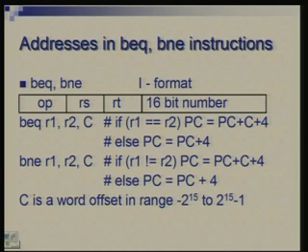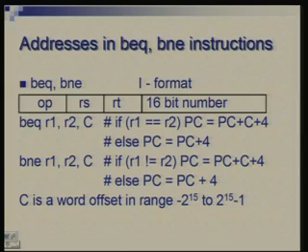So, when you are using assembly language, you simply write a label, and the label of destination could be after the current instruction, it could be before the current instruction. Assembler will automatically generate a corresponding offset, either positive or negative. The offset here is in terms of word, okay. It is not a byte offset, it is a word offset, because we know that addresses for instructions are always multiples of 4.